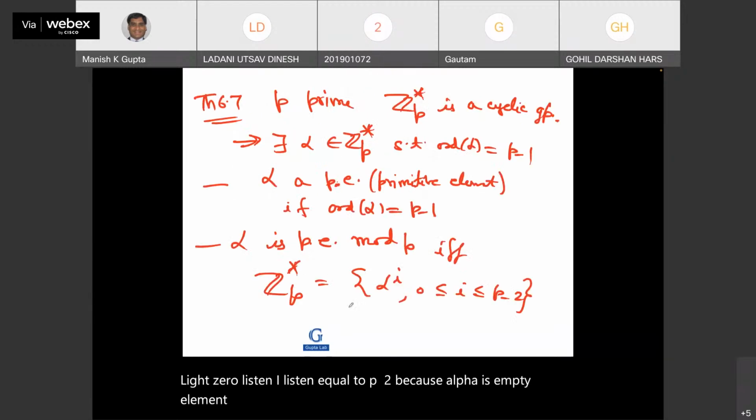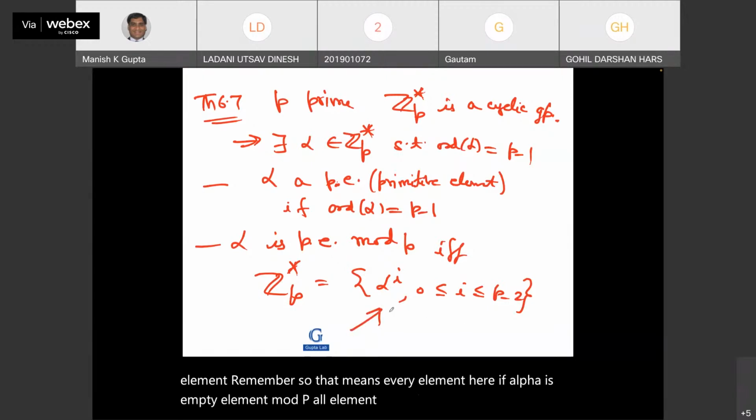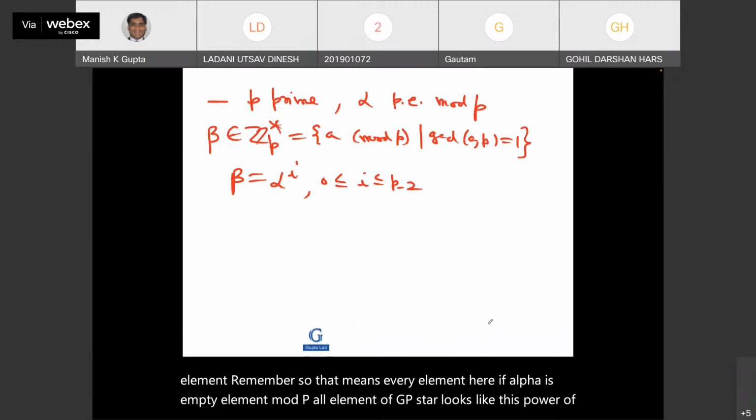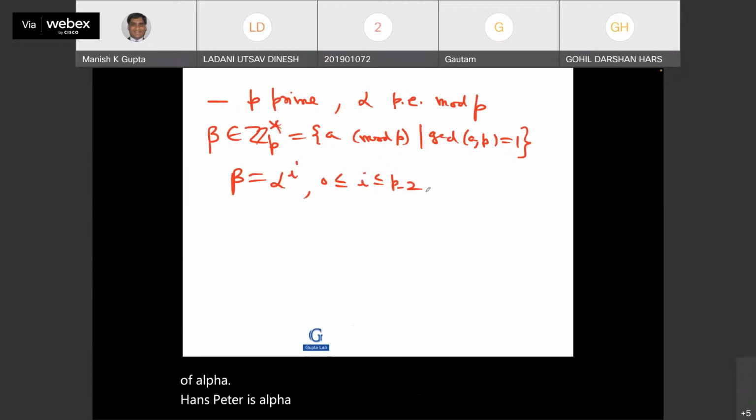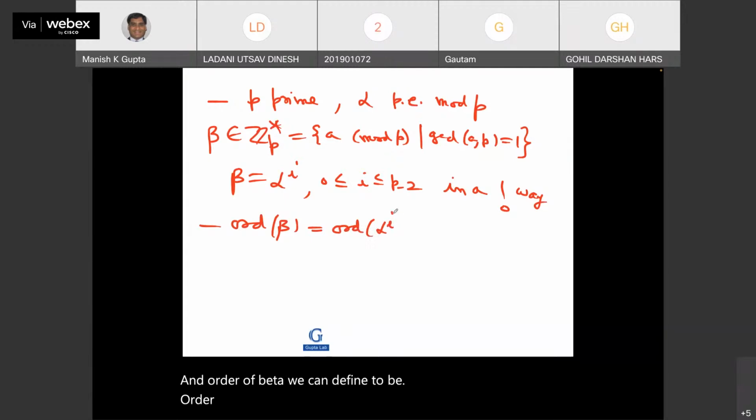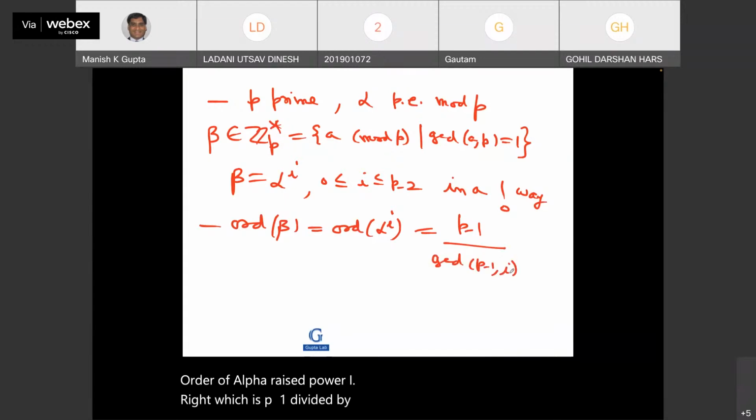So that means if alpha is a primitive element mod p, every element of Zp star looks like this, a power of alpha. Hence, beta is alpha raised to i, in a unique way. And the order of beta we can define to be the order of alpha raised to i, which is (p−1) divided by GCD of (p−1, i).